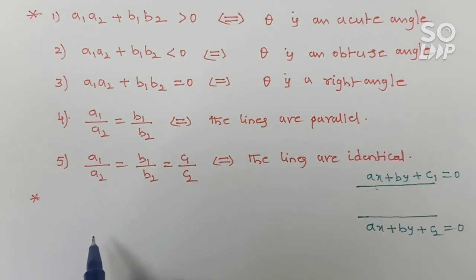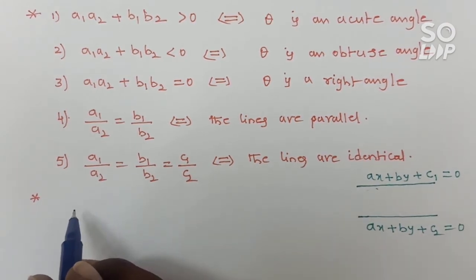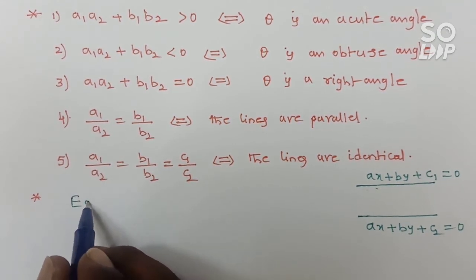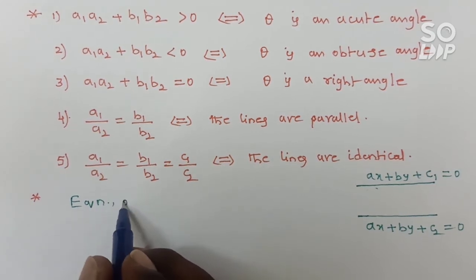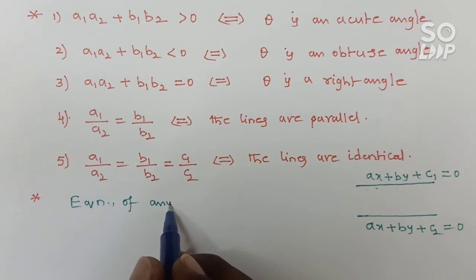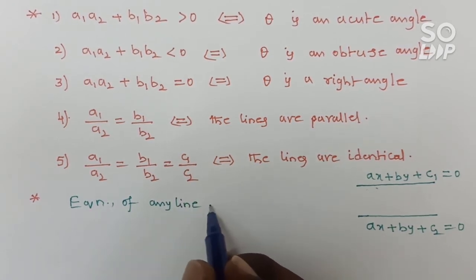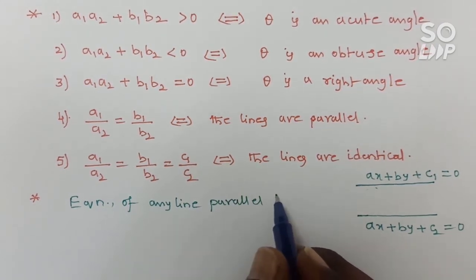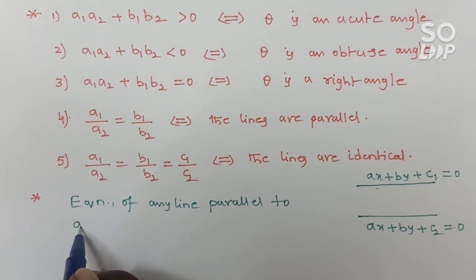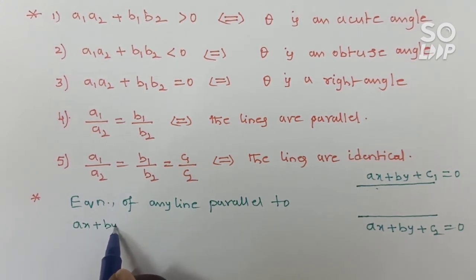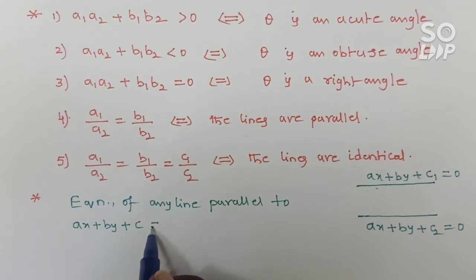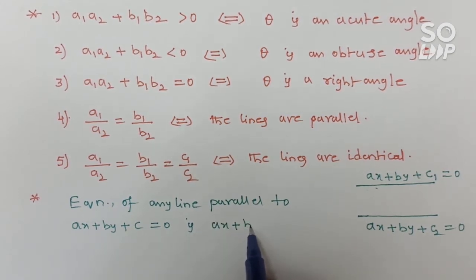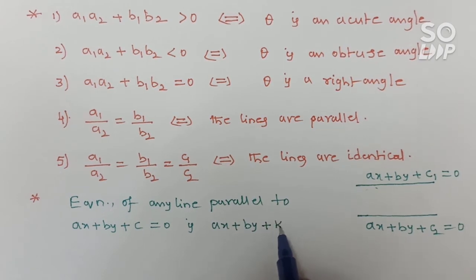So look at this statement: the equation of any line parallel to ax plus by plus c is equal to 0 is ax plus by plus k is equal to 0.